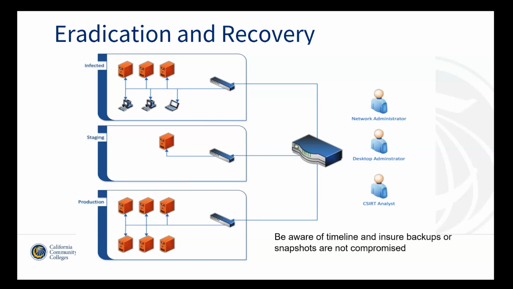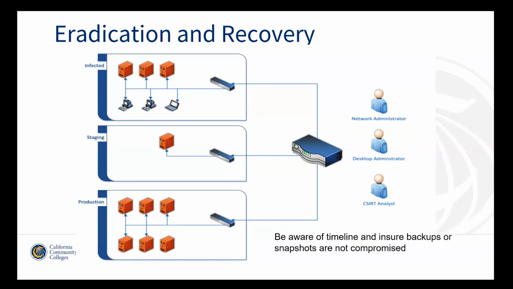When you're handling the incident and eradicating the infection or the intrusion, let's say you've got a bunch of infected systems and you've cleaned them up. When you put stuff back in, you want to break it up.